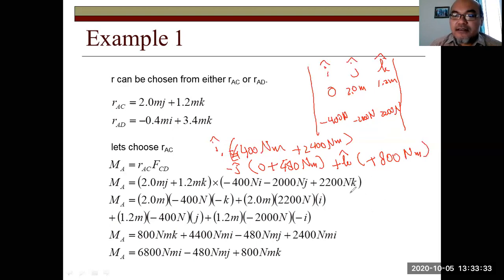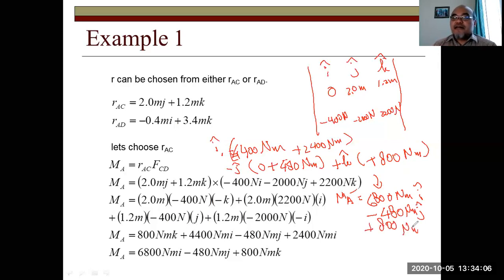So as a result of our calculation, the moment about point A equals 4,400 plus 2,400 is 6,800, so 6,800 Newton meter I. 0 plus 480 Newton meter is 480, so negative 480 Newton meter J. Then plus 800 Newton meter K. Okay, so we obtain the same result as from the slide.